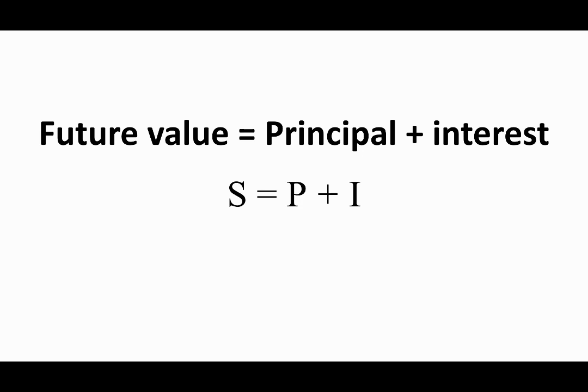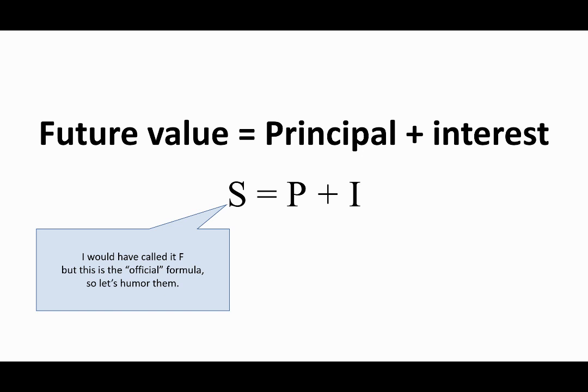So the future value, the official formula is S equals P for principal plus I for interest, right? So your original principal plus how much interest you just made. And we were just calculating how to do the interest. So you just learned how to do that in the previous few videos, right?